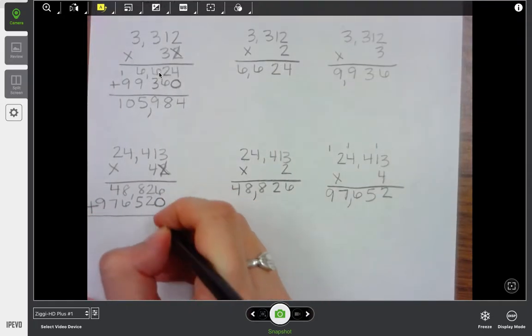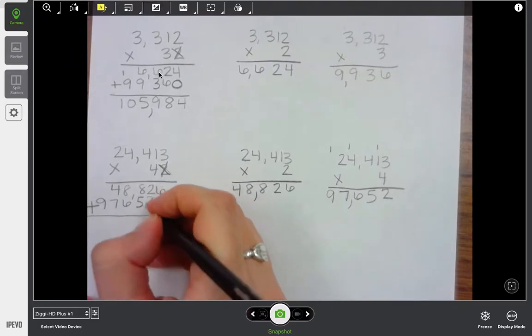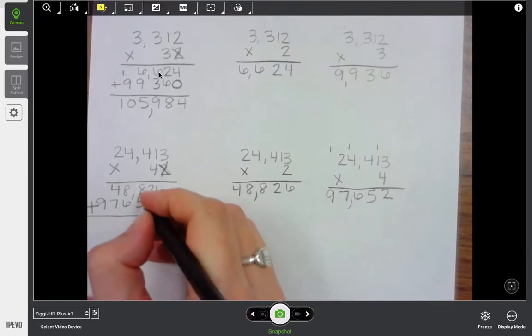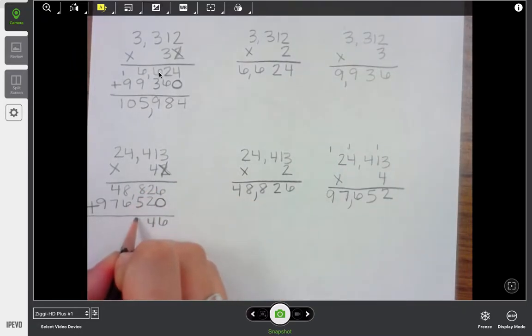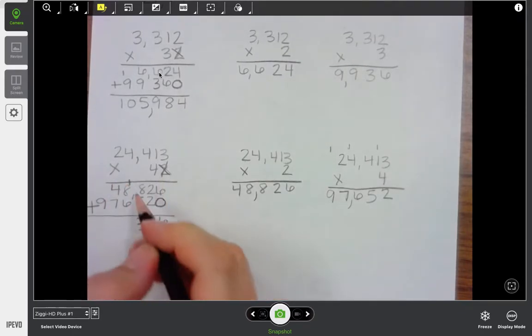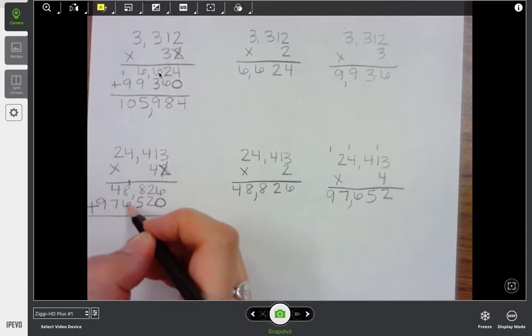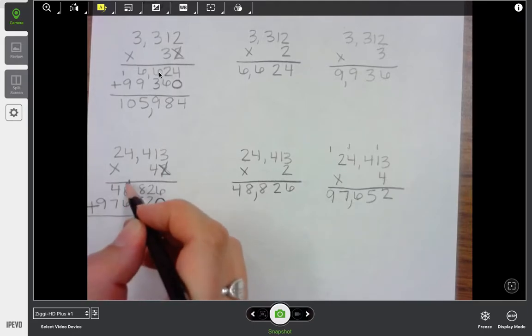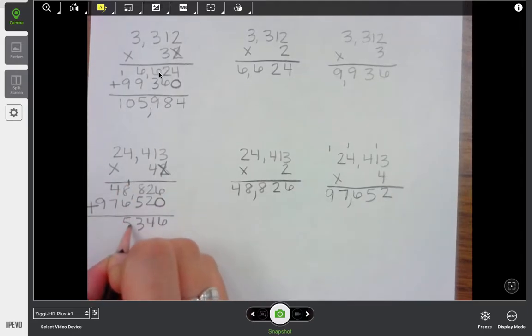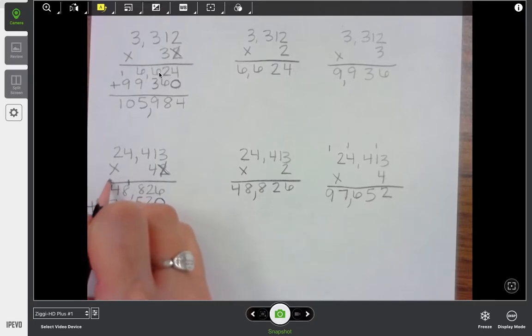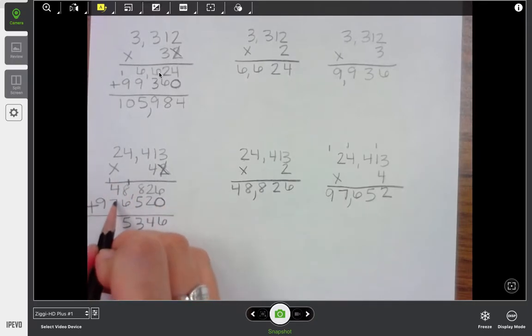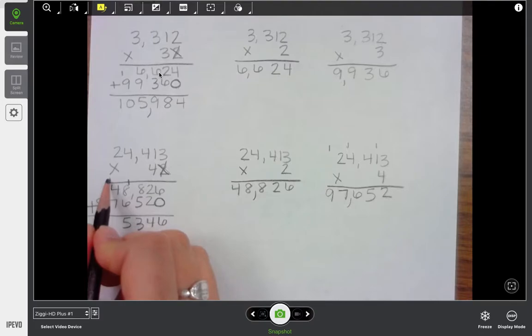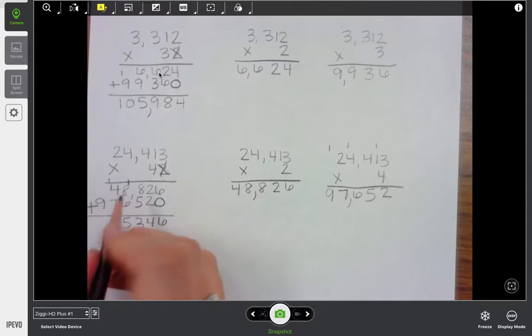6 plus 0 is 6. 2 plus 2 is 4. 8 plus 5 is 13, so I'm going to put my 3. I carry my 1. 8 plus 6 is 14, plus 1 is 15. Put my 5. I carry my 1. 7 plus 1 is 8. 8 plus 4 is 12.